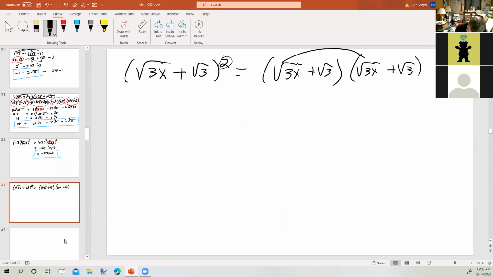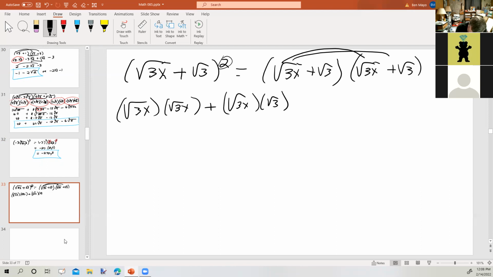So foiling, we're going to get the square root of 3x times the square root of 3x plus the square root of 3x times the square root of 3 plus the square root of 3 times the square root of 3x plus the square root of 3 times the square root of 3.